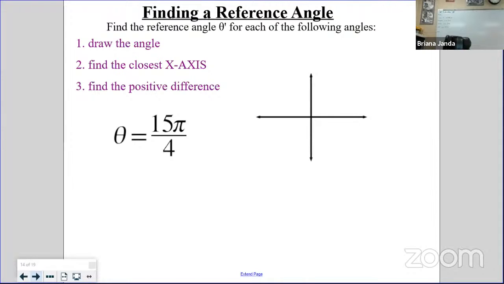This has the same conversation we just had in degrees. Again, I can kind of answer the question for you as we're going.